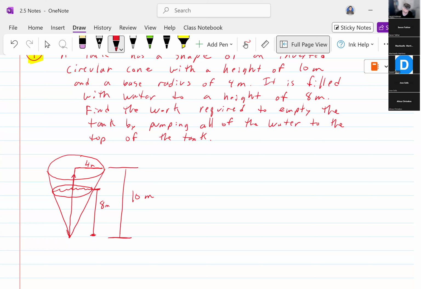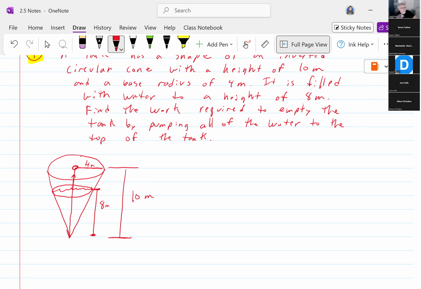There's a big spigot right here at the very top. Once it reaches that spigot, we can collect it. Right? 2, yeah.